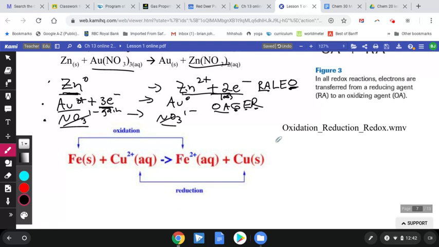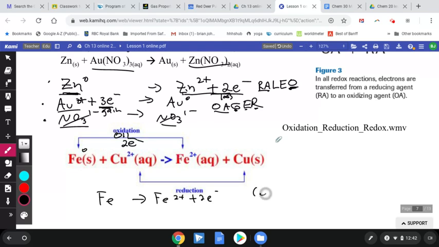Okay, and in this example, they're telling us Fe solid undergoes oxidation. Oxidation is a loss, so it is losing, and we can see it goes from 0 to 2, so it's losing 2 electrons. So I could write out its half reaction. Fe goes to Fe2 plus. Which side do I put the electrons on? It's losing.